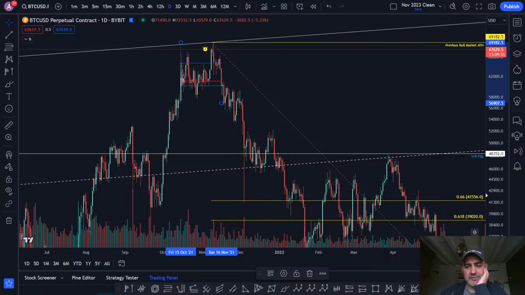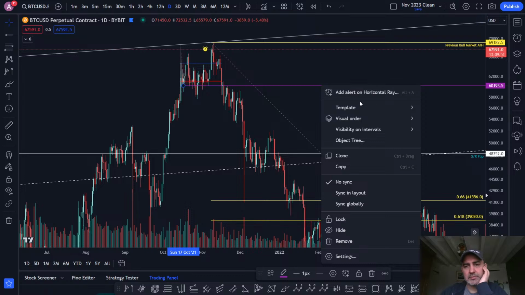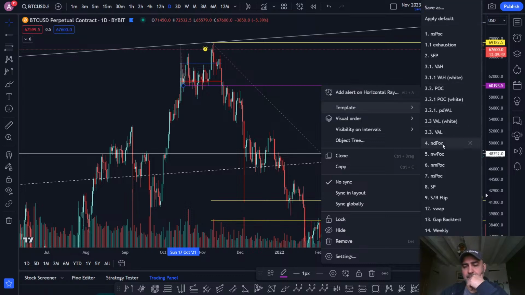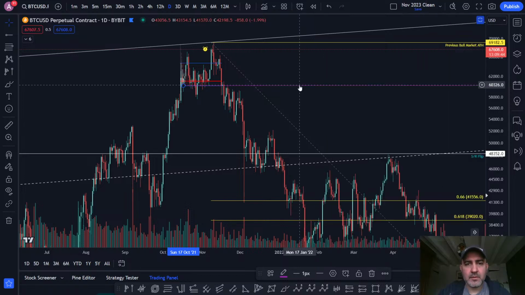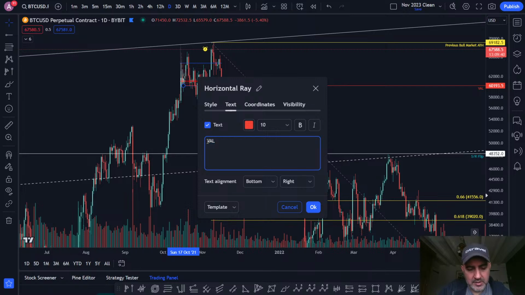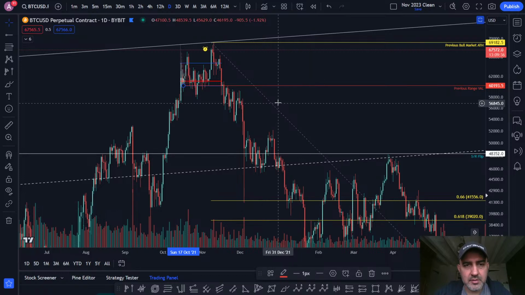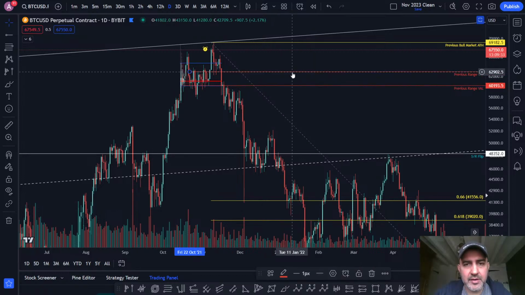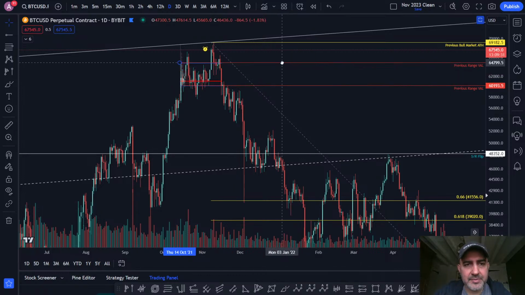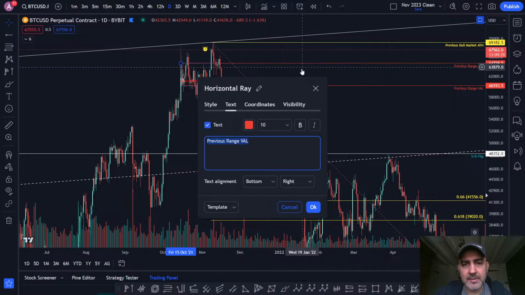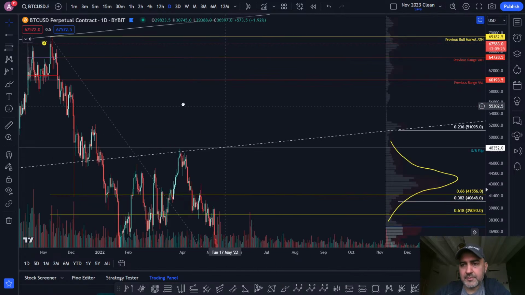Just mark that line off as well. Just rename it to previous range value area low. I'll put the value area high in as well. Just want to see what happens to that previous range. Okay.